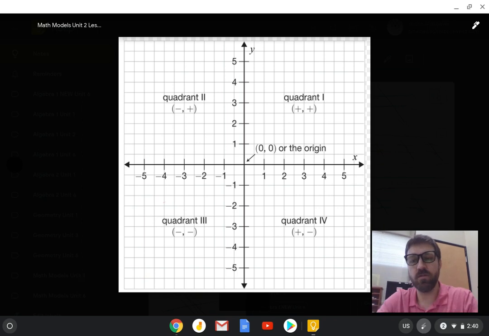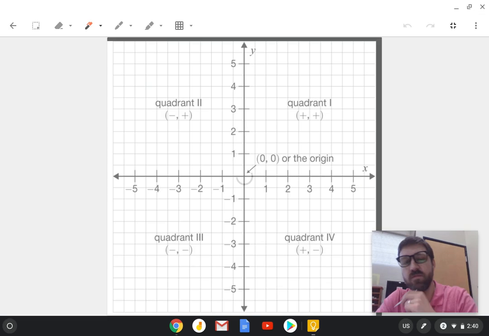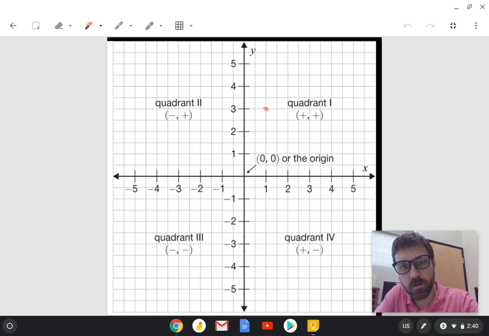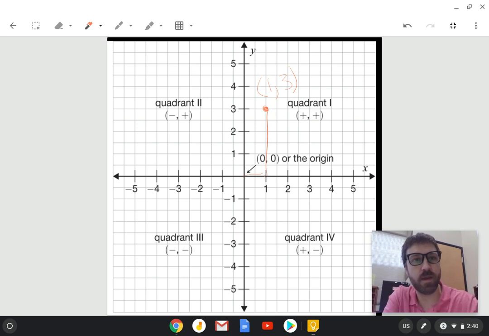So we could graph all sorts of points on here, just to give a couple examples. This point right here would be 1 on the x and 3 on the y, because it's 1 and then 1, 2, 3. So that's the location of that point in terms of x and y.